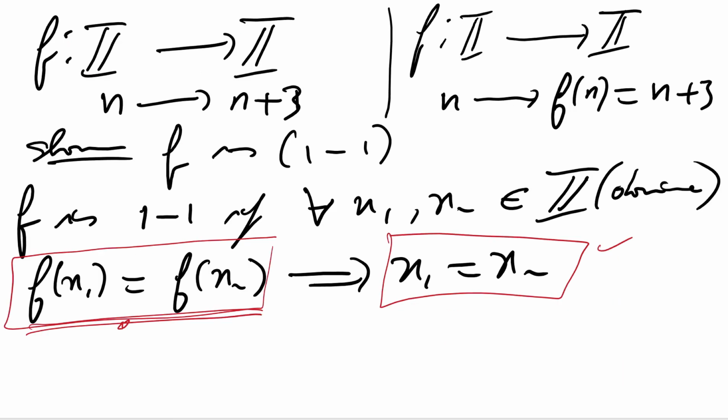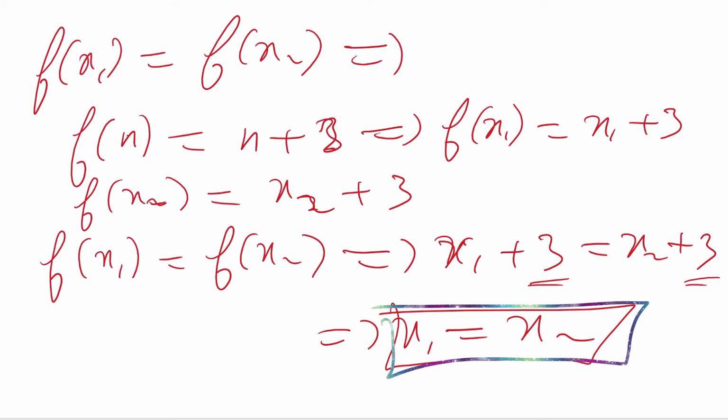So again, we give you this function, we ask you to show that the function is one-to-one. The function is one-to-one if for every x1, x2 in the domain, f of x1 equal to f of x2 implies x1 equal to x2. So basically you want to assume this and you want to show that this is true. So that's what we did here. We assume that f of x1 equal to f of x2, implying what?